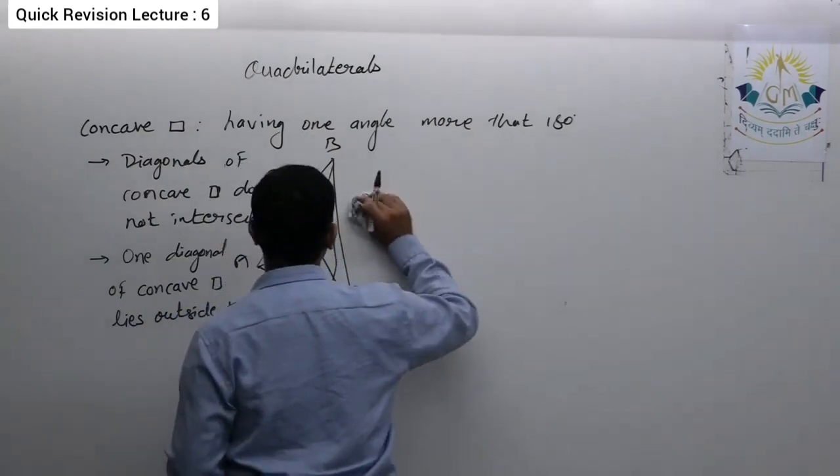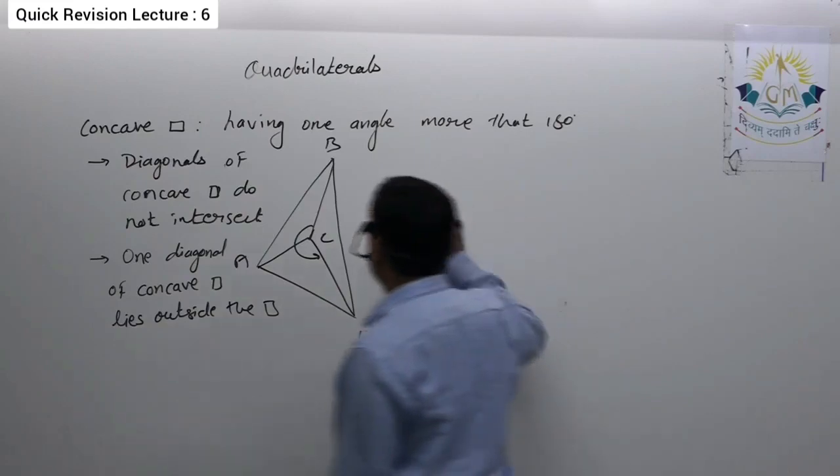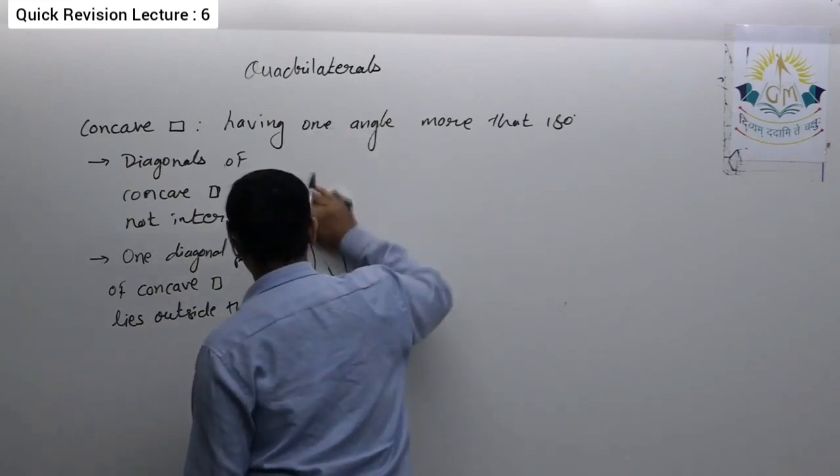Now next we will see convex and then kite. So next is convex quadrilateral.